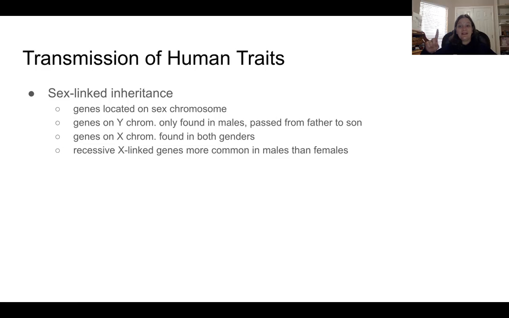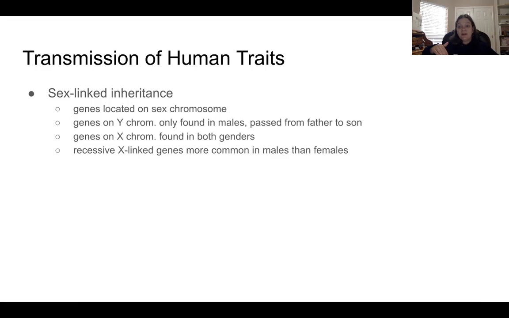So if you get an X chromosome with an X-linked recessive condition like colorblindness, red-green colorblindness is X-linked, you're going to express it because you don't have anything else to mask it.